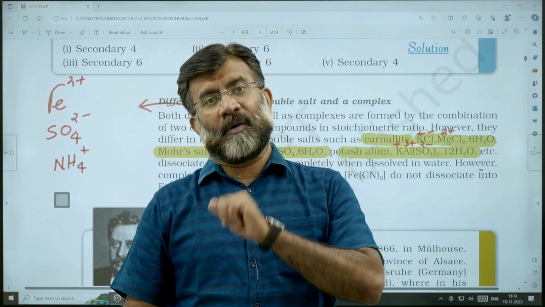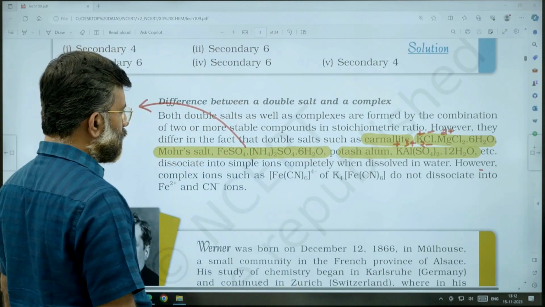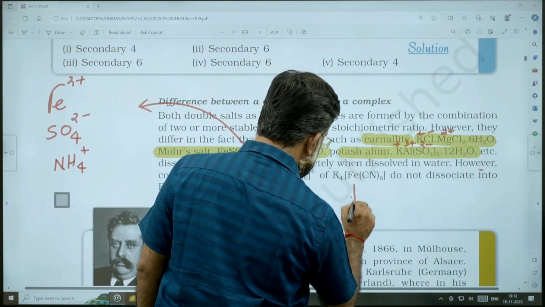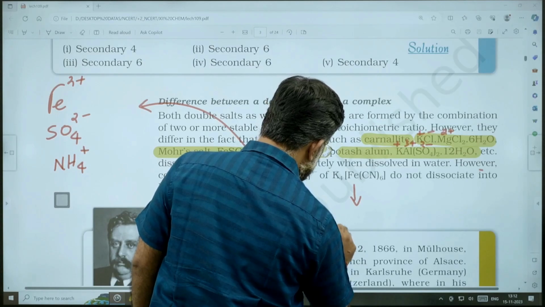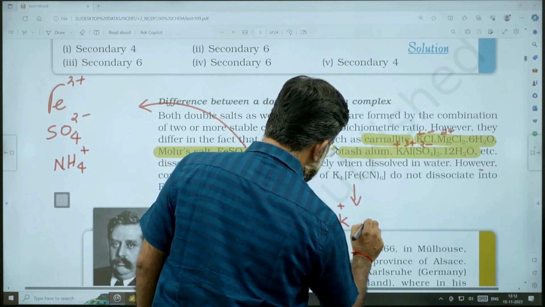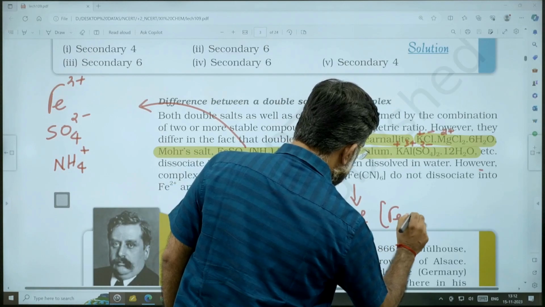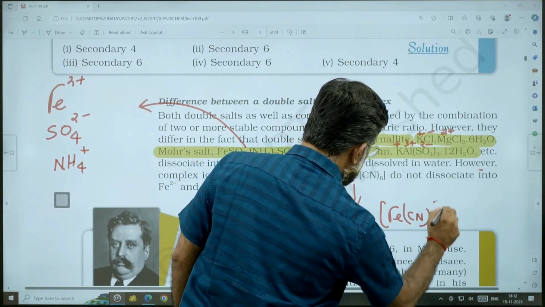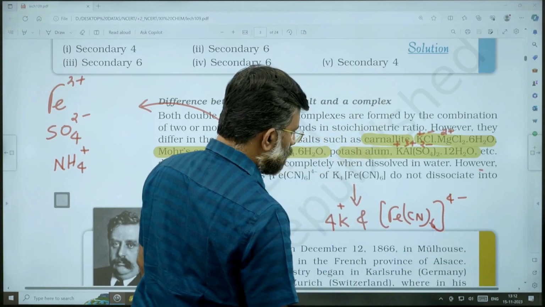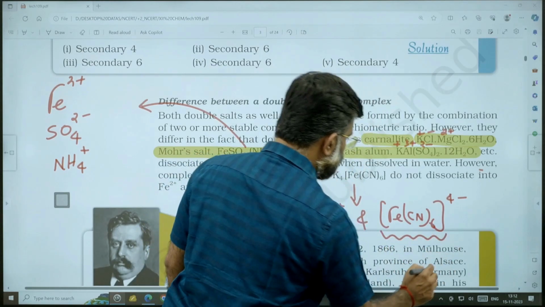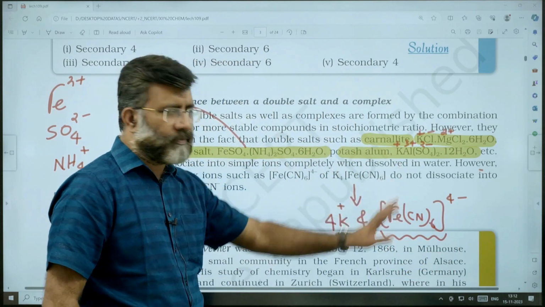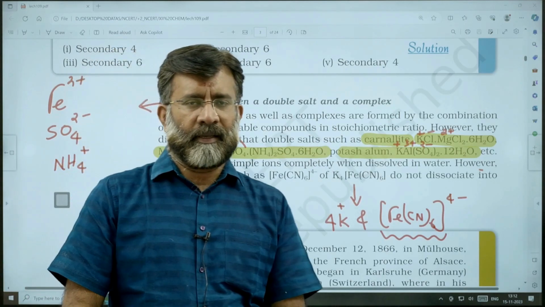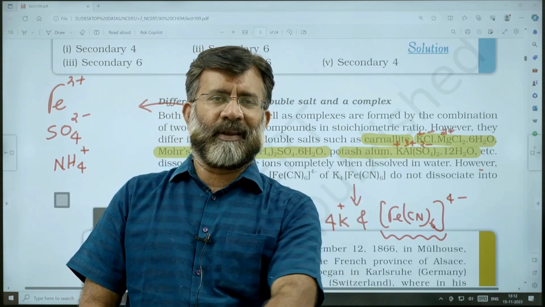Then what about complex compounds? Complex compounds, say for example K4[Fe(CN)6], when dissolved in water, you get 4K+ and [Fe(CN)6]4-. So this remains a complex. That part of the molecule remains a complex in the solid state as well as in aqueous solution.